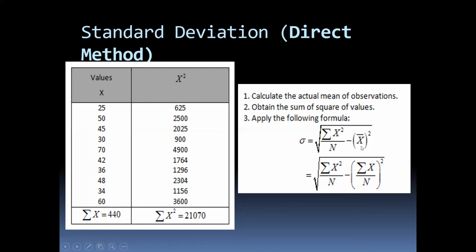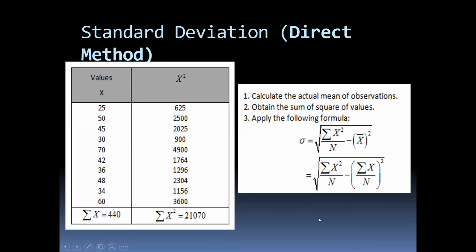And if we have not calculated the mean, then we can calculate the mean here itself. We can apply the formula for calculating the mean in the second formula. You can see standard deviation is under root of summation x square, that is the sum of the square of the values, upon n, that is number of observations, minus summation x over n whole square. This is nothing but mean square.